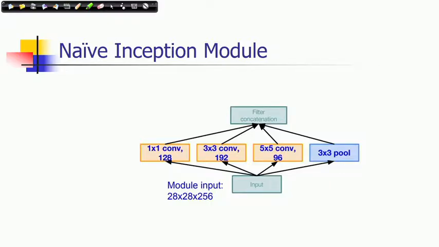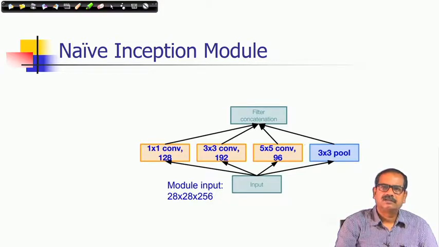Then there are 3 cross 3 convolution filters, 5 cross 5 filters and 3 cross 3 pooling, and the number of filters with different sizes also varies, say 128 1 cross 1 filters, 192 3 cross 3 filters, 96 5 cross 5 filters, and then of course 3 cross 3 pooling, which does not require any number of filters and gives the same depth value as the input. Finally, if I use 128 1 cross 1 filters, your output would be 28 cross 28 cross 128.